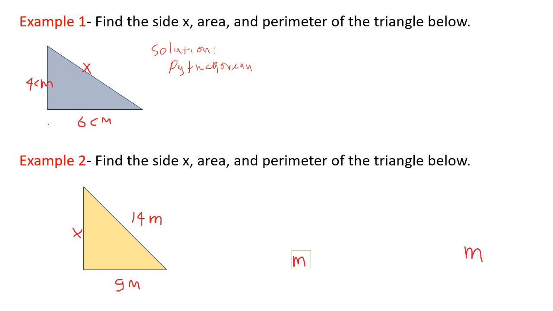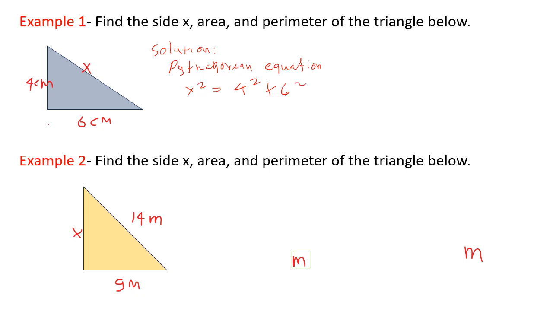Pythagorean equation: x squared equals 4 squared plus 6 squared.